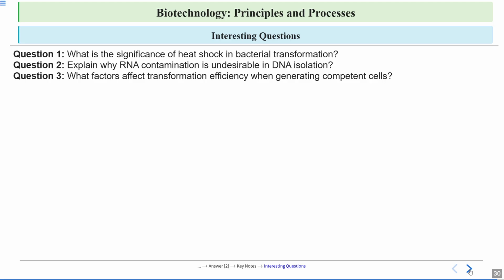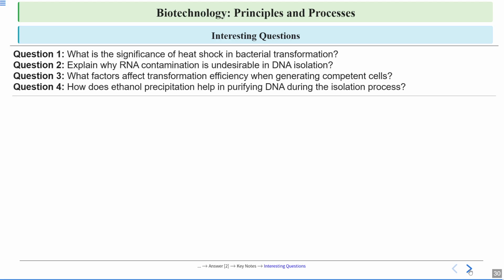We have given some hints even in the last slide. And the last question: how does ethanol precipitation help in purifying DNA during the DNA isolation process? As I have told you, when you add ethanol, it will precipitate out. How and why, you find yourself. Otherwise, you can ask me in tomorrow's class. Okay.